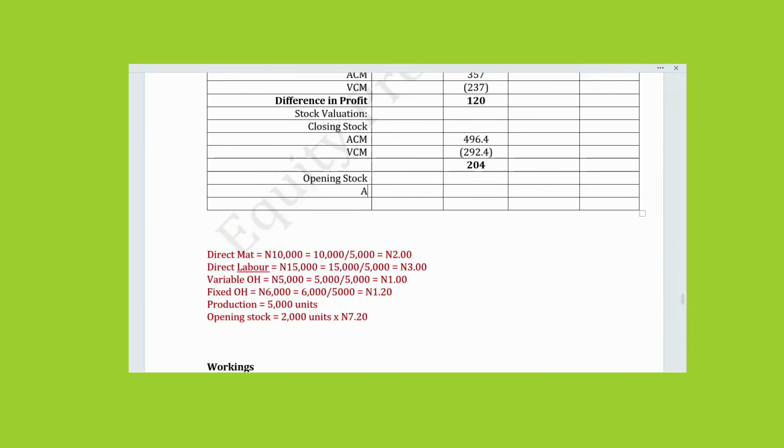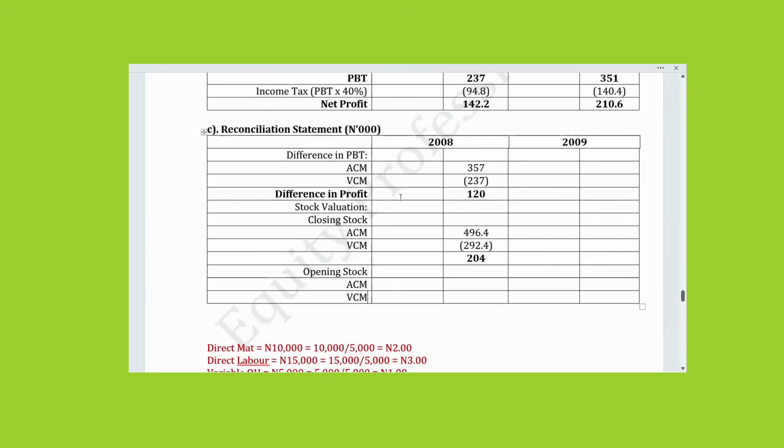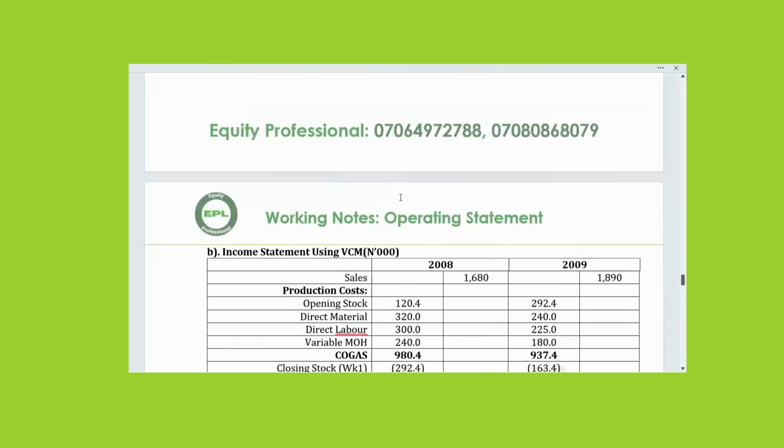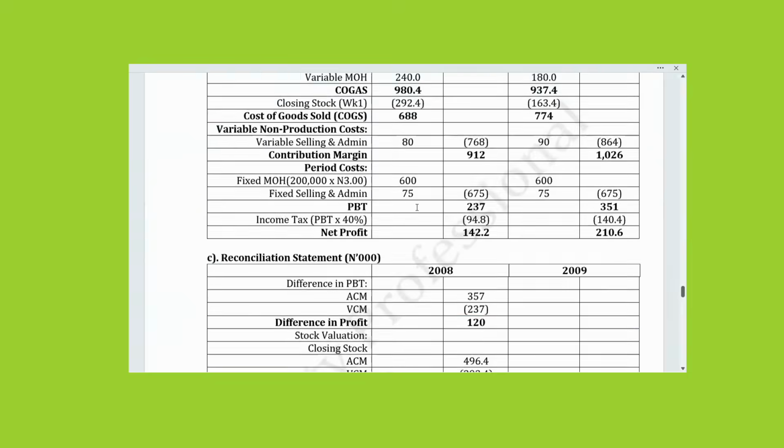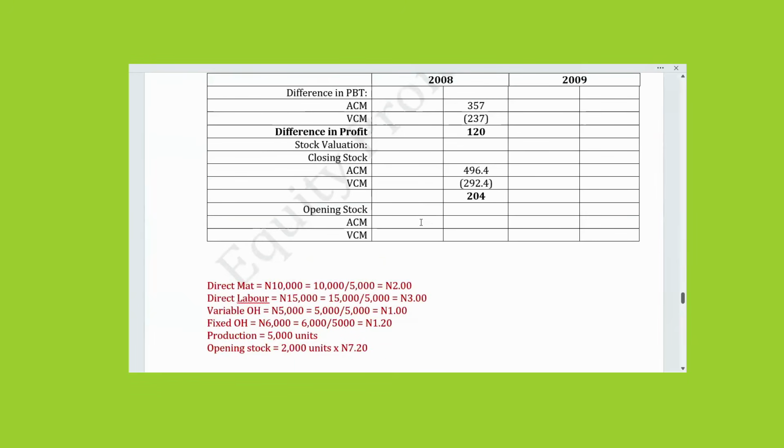Under ACM and then VCM, the opening stock in 2008 under ACM is 204.4. Under the variable costing method, 120.4.